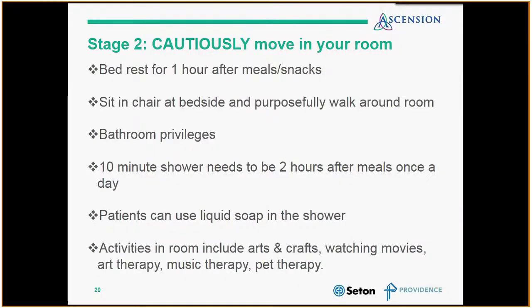Stage 2, cautiously move in your room. So these patients will be on bed rest for 1 hour after meals and snacks. They can sit in a chair at the bedside and purposely walk around the room. They do have bathroom privileges, but with these patients, you have to maintain full eyes on them when in the bathroom. That means that you can't turn your back to them or give them some privacy.